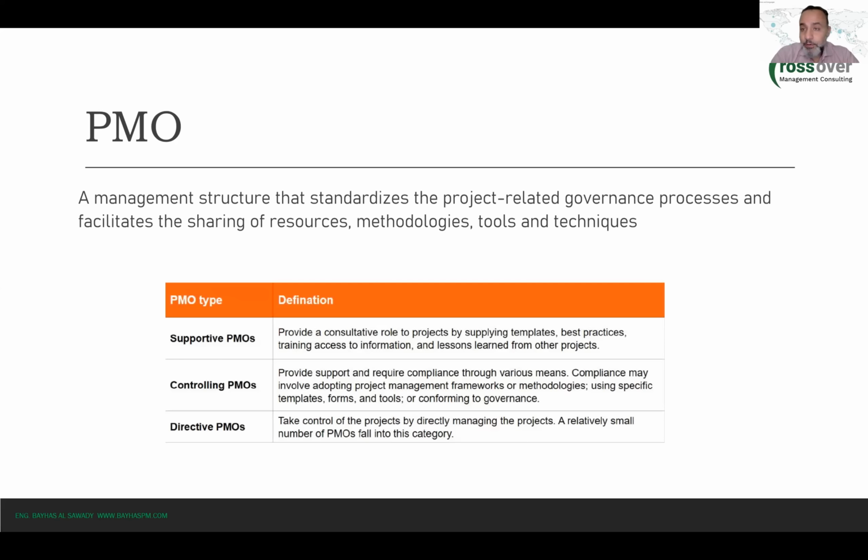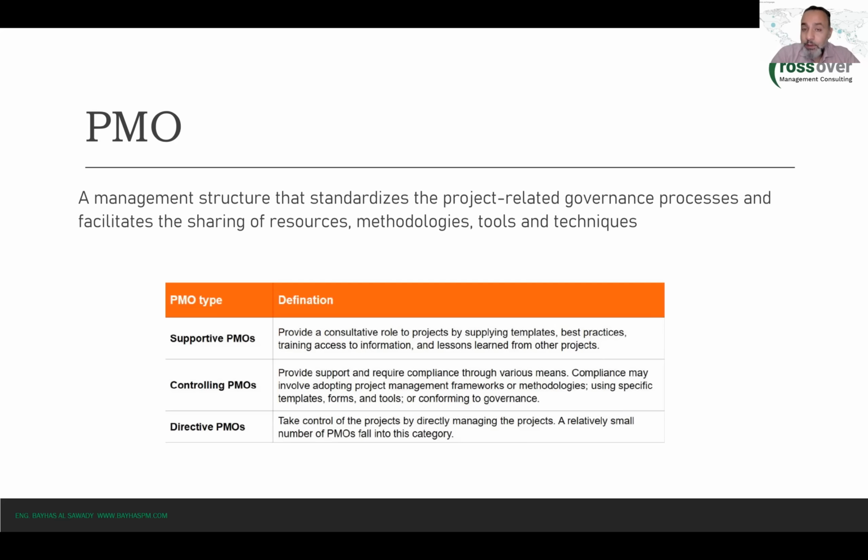Now, the supportive PMO is a PMO that we set up in the organization to play only a consultative role. So we ask the PMO to only support the project managers by providing them training, best practices, templates, and lessons learned from previous projects, but not controlling them, not requiring them to comply, for instance, with those templates or with those guidelines.